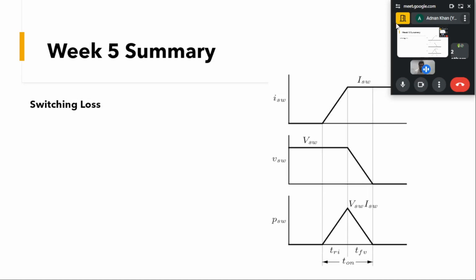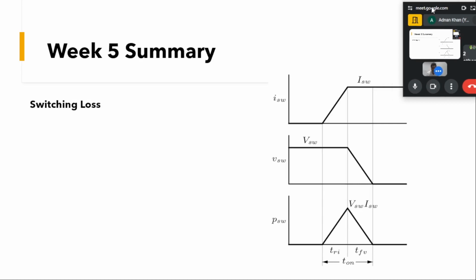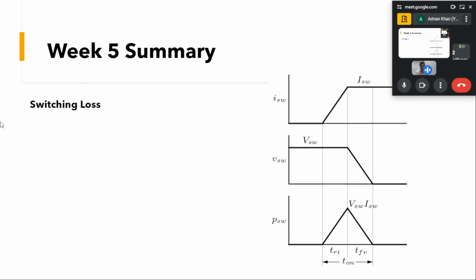After the conduction loss, there is another loss associated with our devices, which is the switching loss. Here you can see the waveforms at the switching time interval. We have gone through the turn-on of the device in the previous weeks, and we have seen what happens during the turn-off of the device.